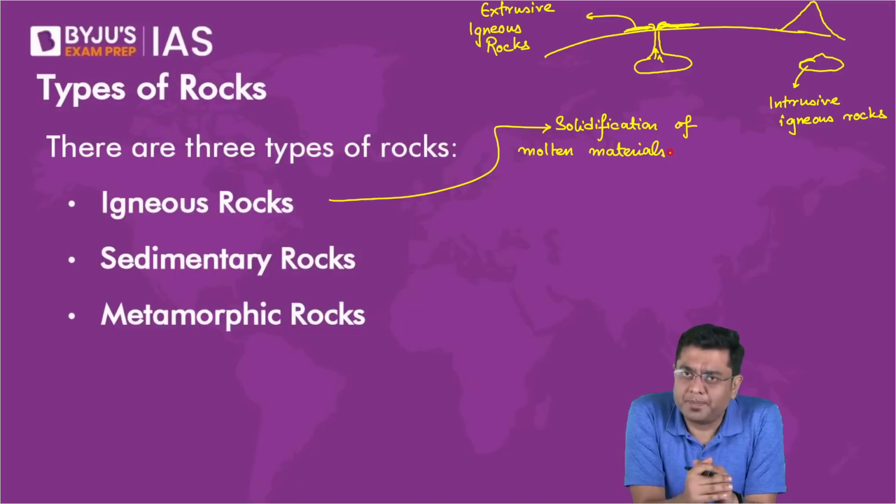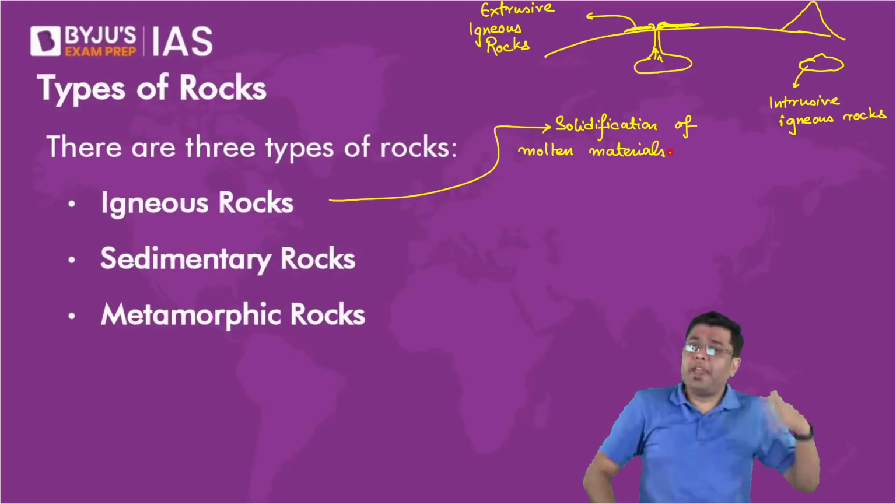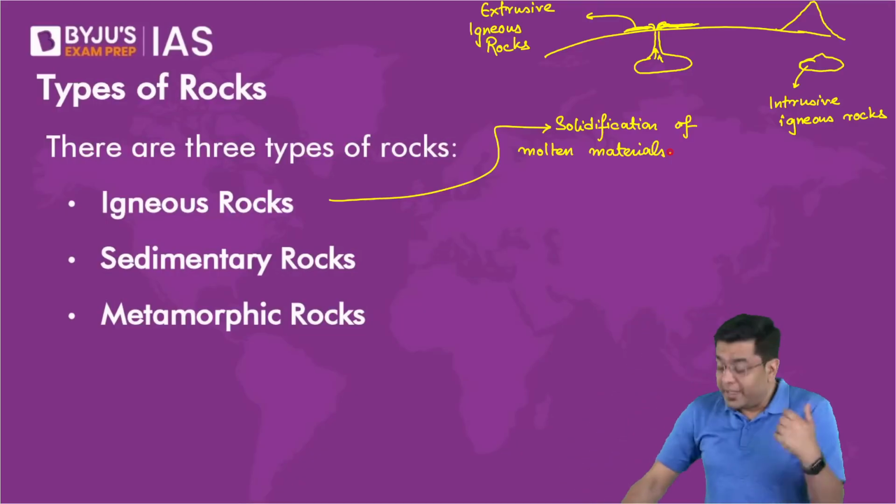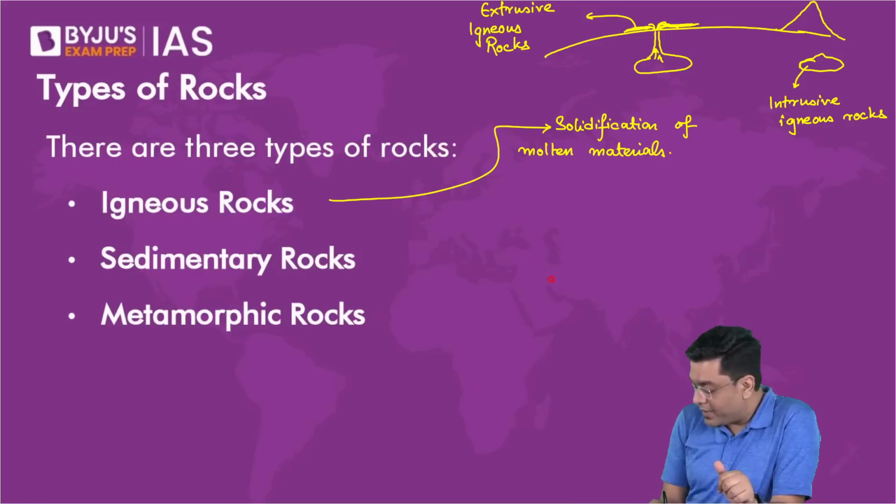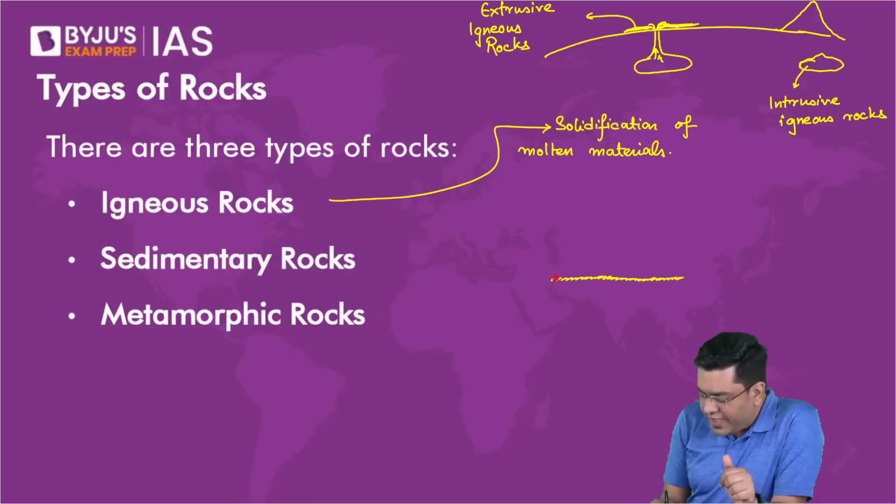Why does that happen? When you have deposits by anything, right? Let's say you have deposits. Now on top of these deposits, with the passage of time, more deposits will take place.